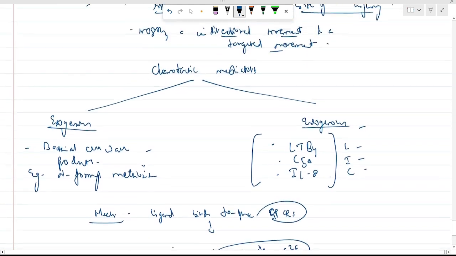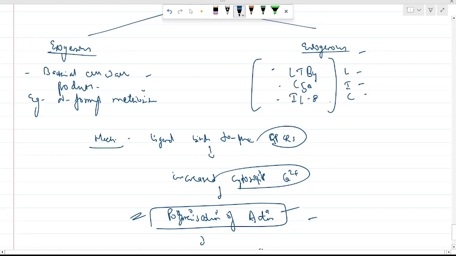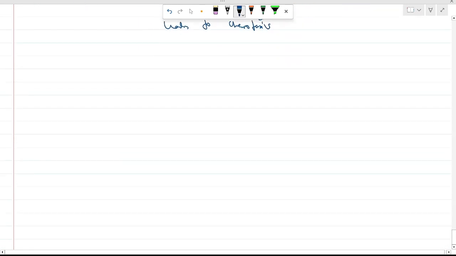This was about chemotaxis, the exogenous and endogenous factors, and the mechanism. From which we are going to our sixth step. After C, there is O, which stands for opsonization. Opsonization.